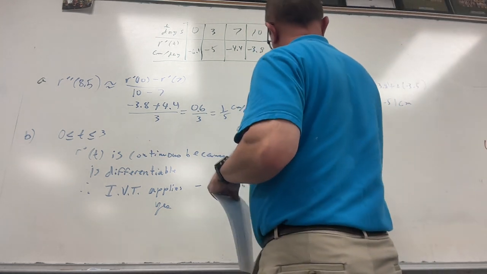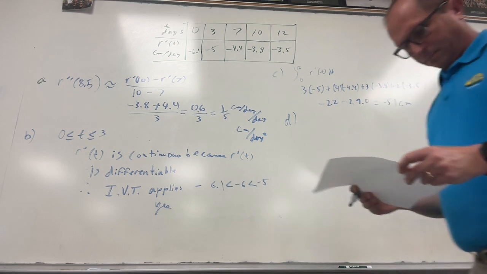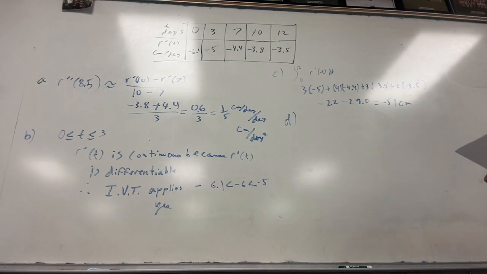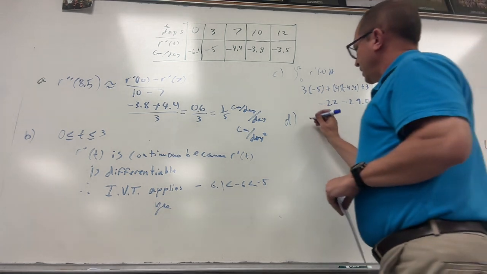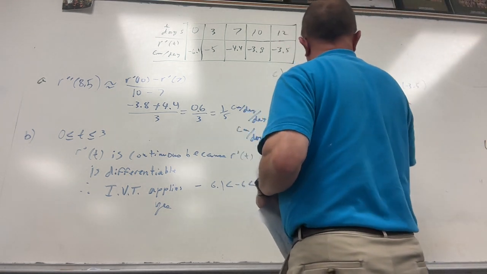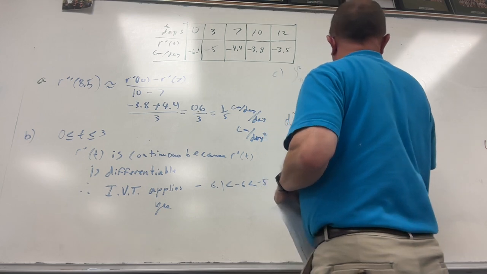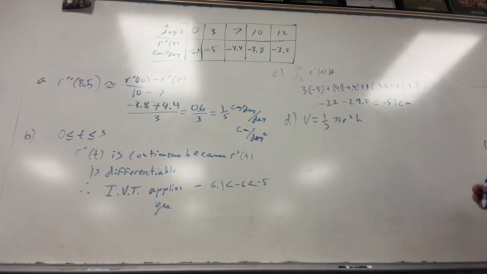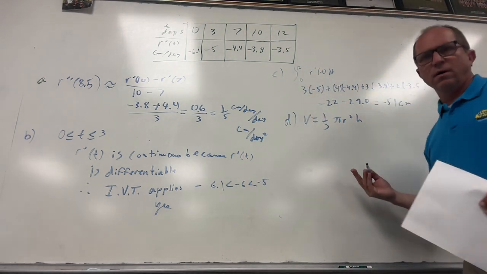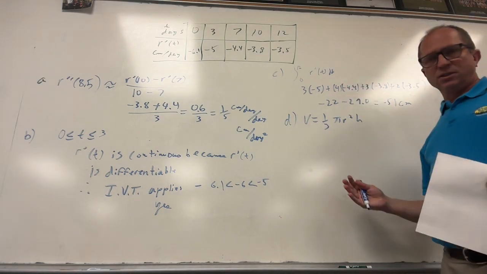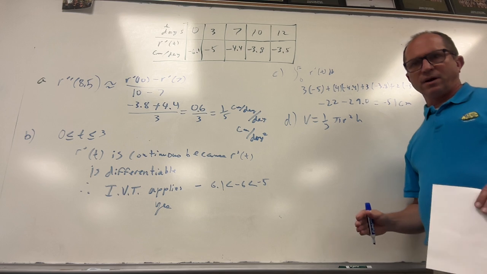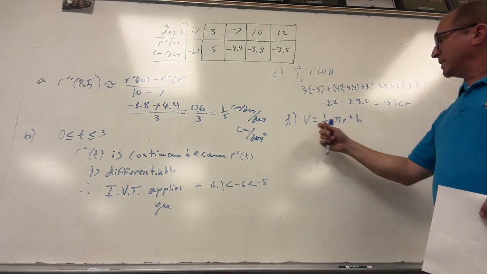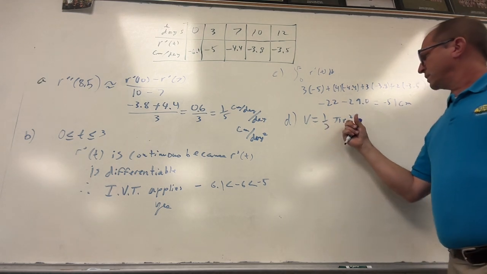Part D is going to require related rate solving. They tell us that V equals 1/3 pi r squared h. Now, they tell us that we've got a cone, and that this sculpture is melting in the shape of a cone. But it does not tell us that the cone is consistent.